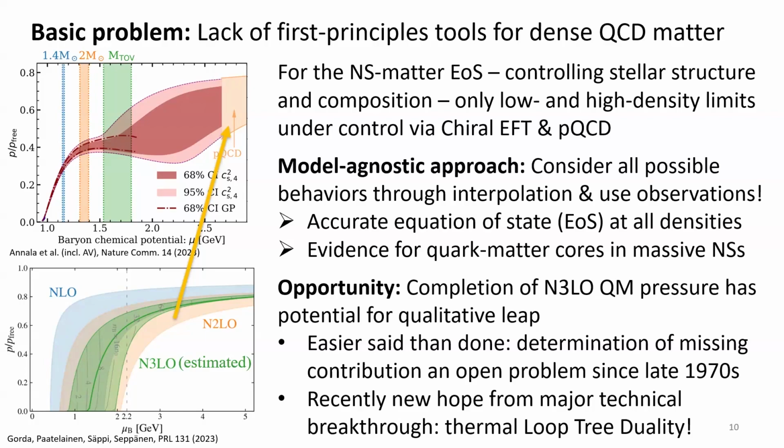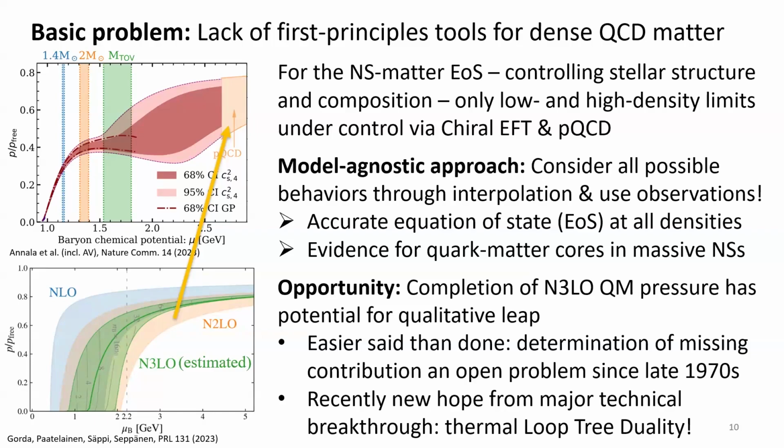And for each of these equations of state, the center of a 1.4 solar mass neutron star lies at some chemical potential, the center of a 2 solar mass neutron star lies at some other chemical potential, and the same for the maximally massive neutron star. Exactly, the TOV means the maximal mass, and these bands are just 1 sigma bars for where, at which chemical potentials, the centers of these three types of neutron stars lie.